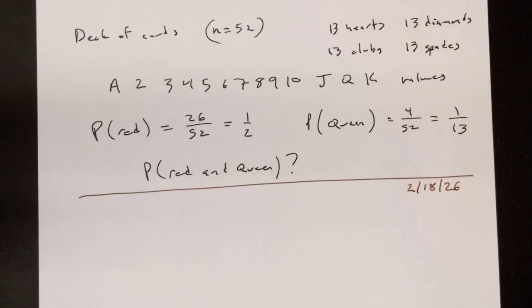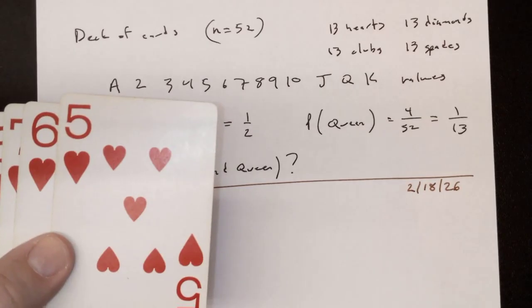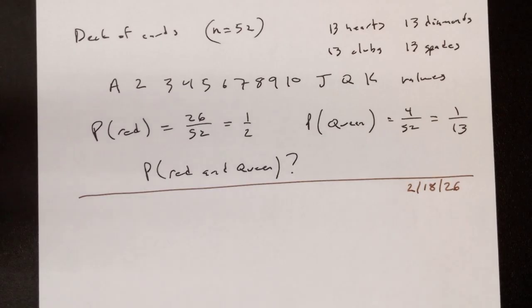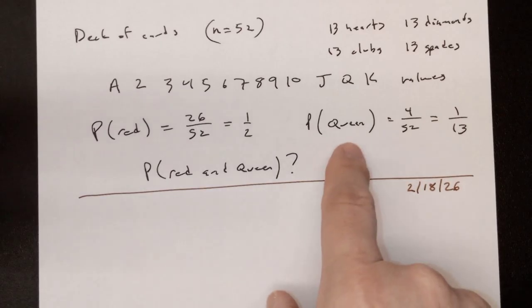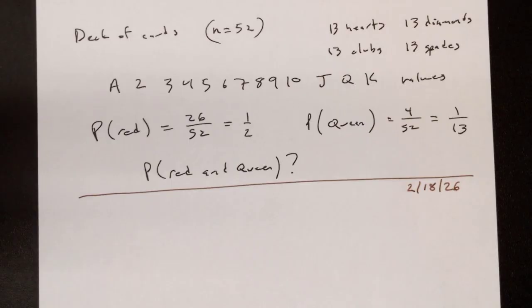So we're dealing with our deck of cards. We came up with these probabilities on Monday. The chance of getting a red card, 1 in 2. The chance of getting a queen is 1 in 13.